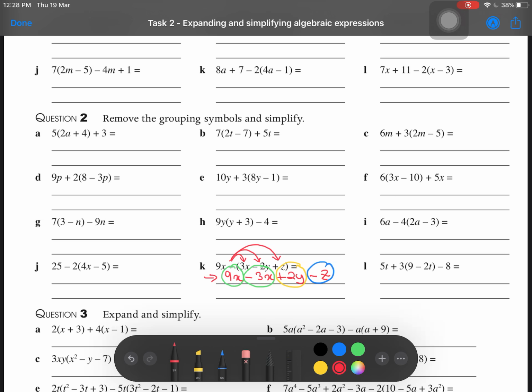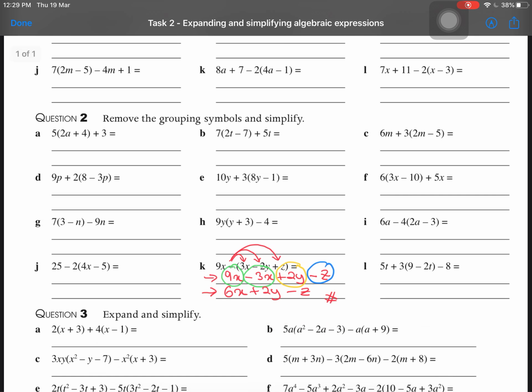So whatever comes from the same family, those are the things that you can simplify. So 9x minus 3x, that is 6x. And then, because nothing can be done to the other two families, you just copy and paste them down. Plus 2y minus z. Done. That's how we do question 2.